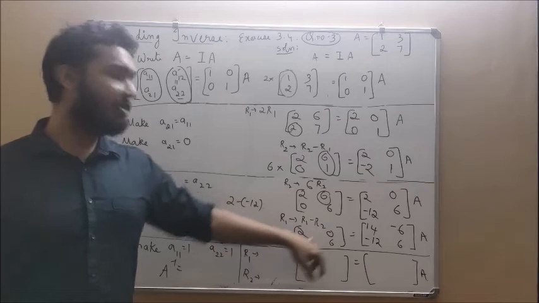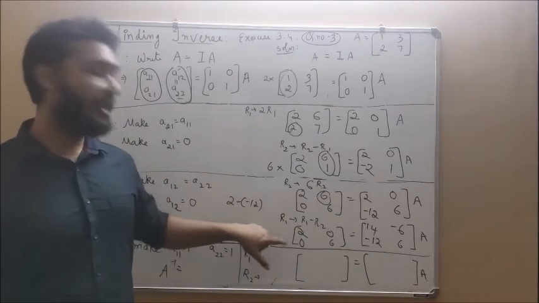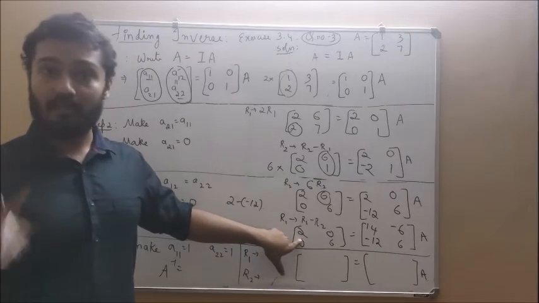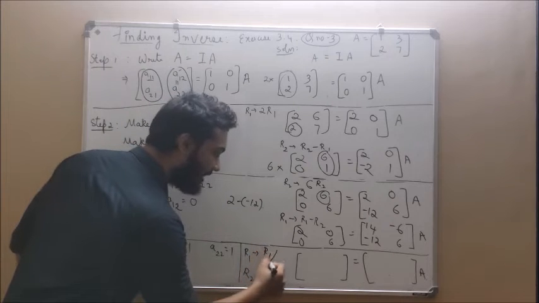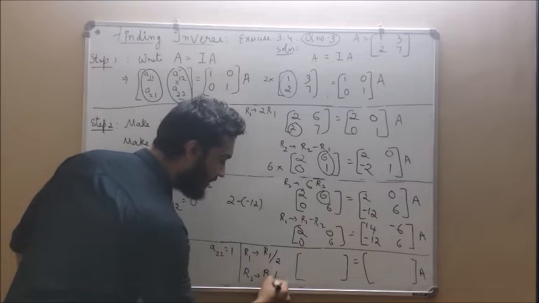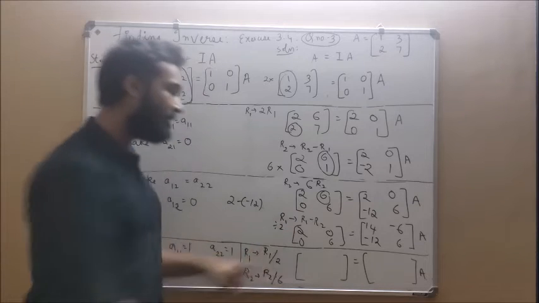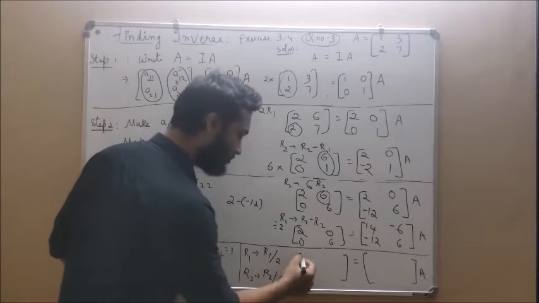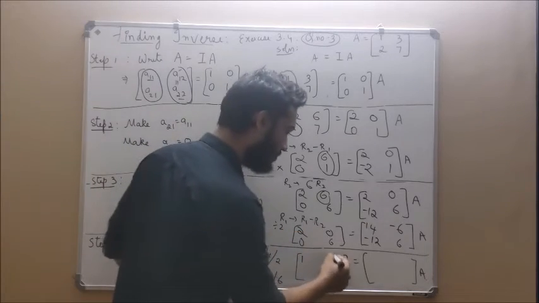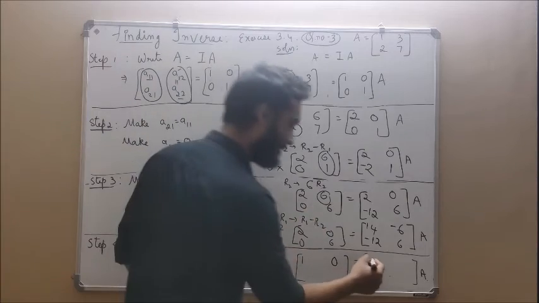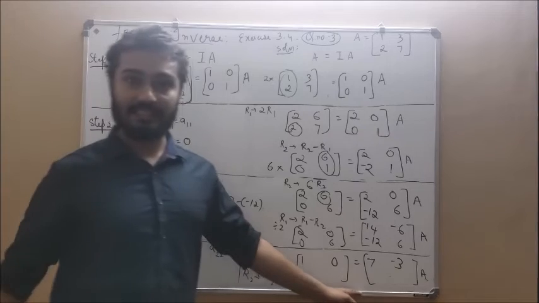So we have made these two 0. Last step is we have to make this 2 as 1. Divide by 2 here, divide by 6. So R1 divided by 2 and R2 divided by 6. When you divide this by 2, what you get? 2 by 2 is 1, 0 by 2 is 0, 14 by 2 is 7, minus 6 by 2, minus 3.